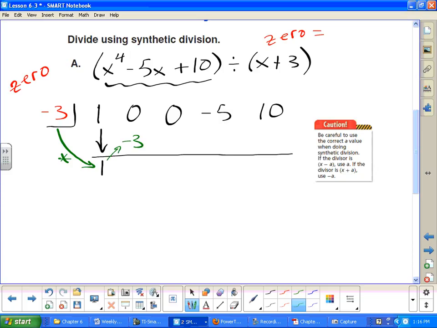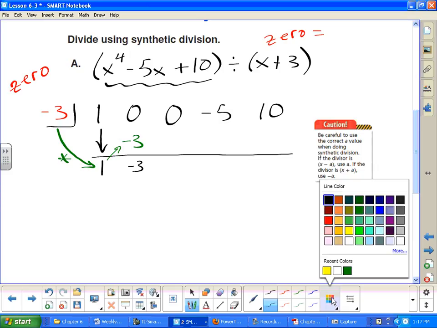So we get negative 3 there. And then we're going to combine them. What's 0 plus negative 3? Negative 3. So we're just adding them together.